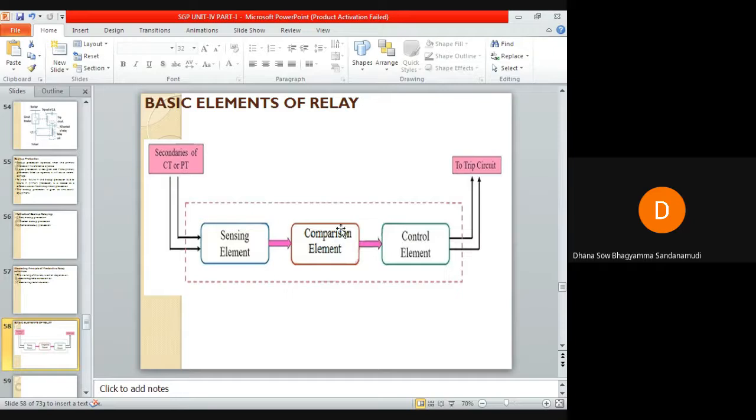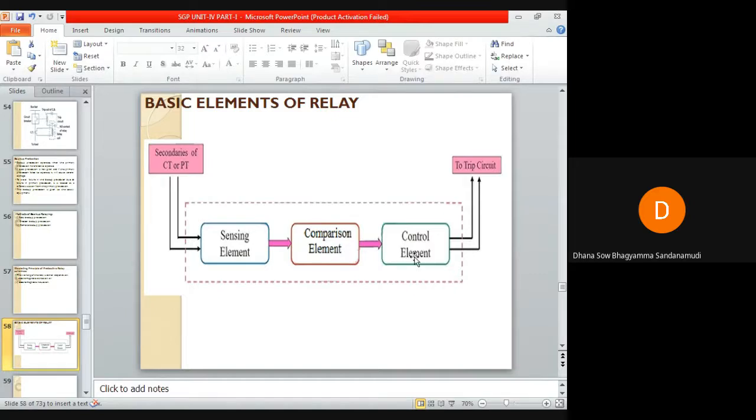This comparison element will compare the abnormalities of the system with a pre-selected relay setting. In this comparison element, there will already be a pre-selected relay setting fed in, and it will compare the abnormality of the system with it.